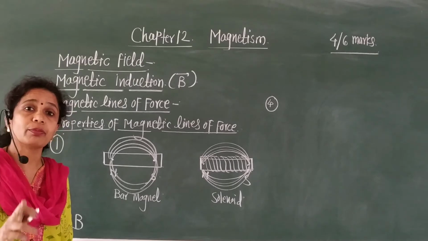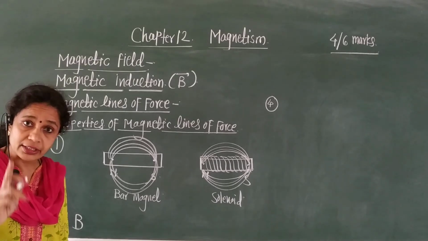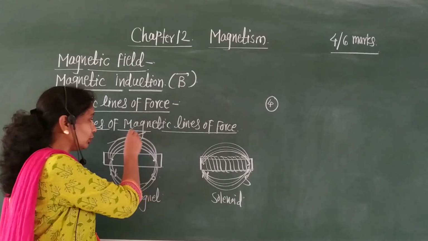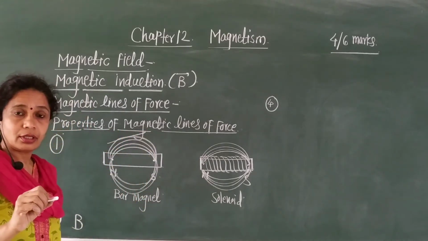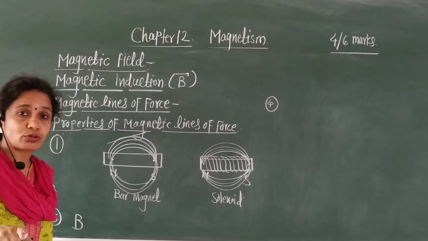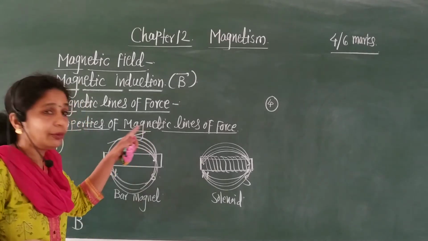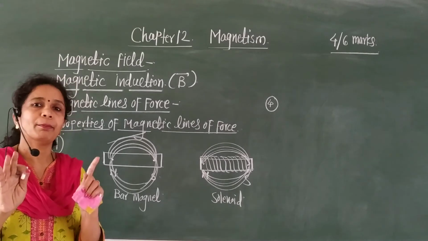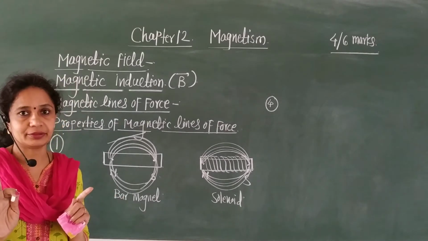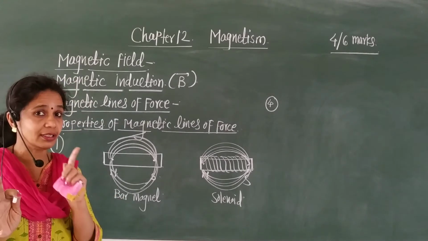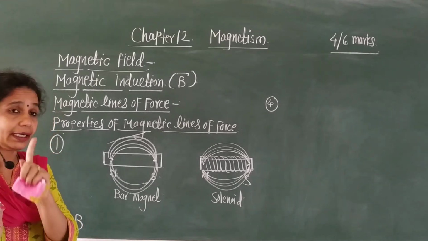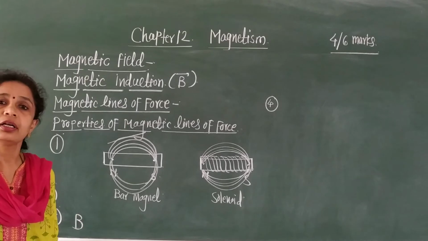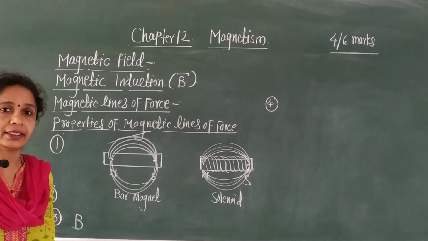The tangent drawn to the magnetic lines of force at any point gives the direction of magnetic field. Therefore, fourth point is related to the direction of magnetic field.